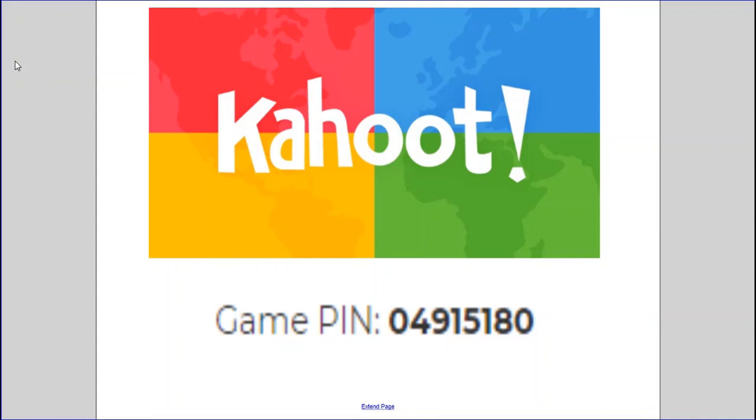Don't just rely on the picture in the question to help you with the meaning. It might be a little bit of a trick. Last time you did really well in remembering to put your first name and the first letter of your surname as well as your class so that I could give you out some dojo points. So if you could do that again this time, that would be absolutely fantastic.